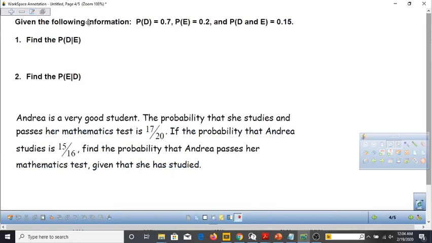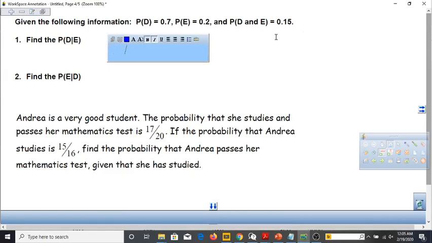Now let's try another type. So now given the following information, probability that you're in D is 0.7, probability in E is 0.2, and probability in both is 0.15. Find the probability of being in D given that you're in set E. So what we're going to do is our denominator is the given that. So this is a probability of D given that we're in E. So what we do is we find how many things are in E. And that is 0.2.